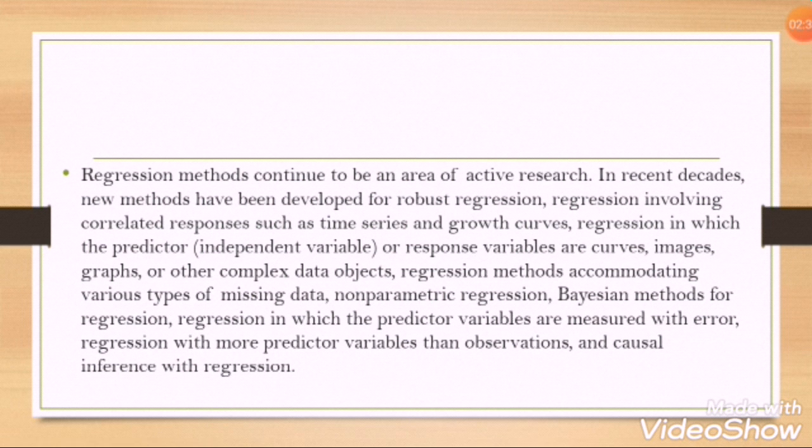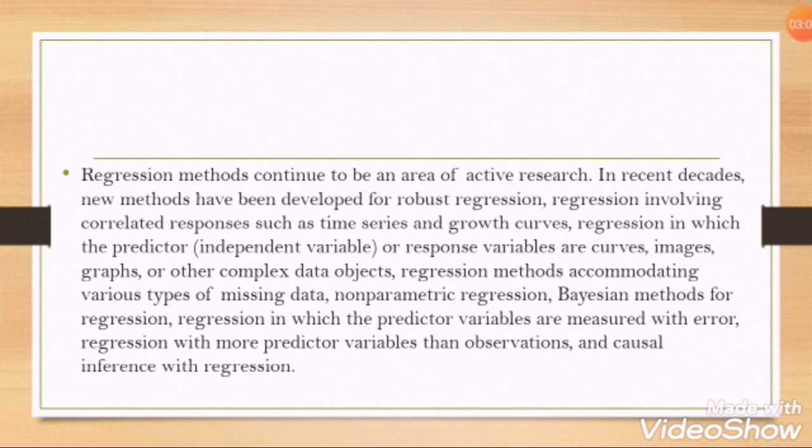Regression involving correlated responses such as time series and growth curves. Regression in which the predictor (independent variable) or response variables are curves, images, graphs, or other complex data objects. Regression methods accommodating various types of missing data.